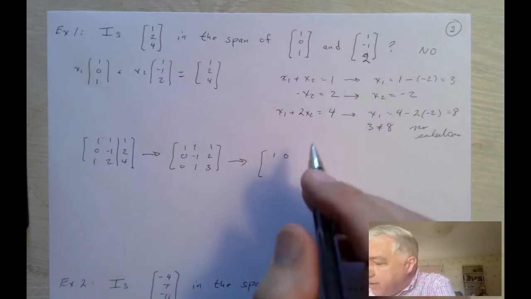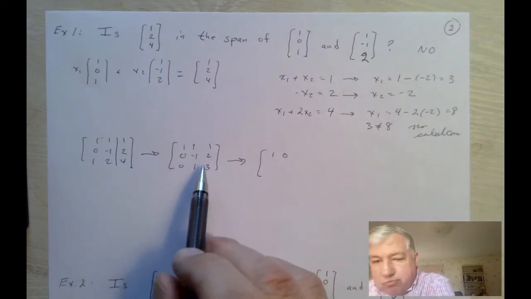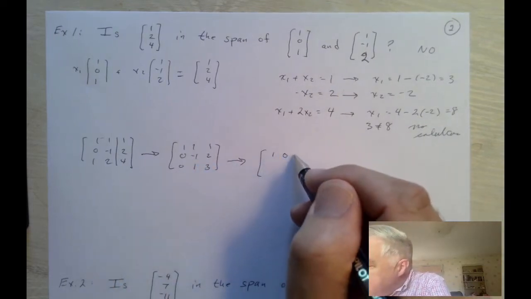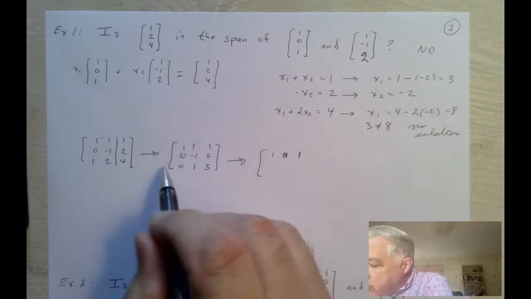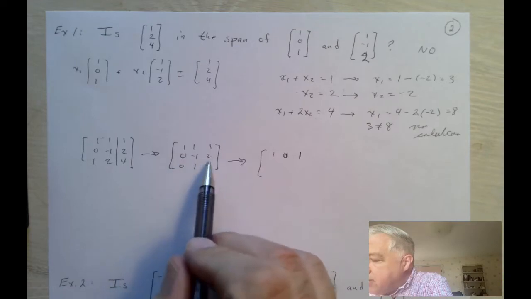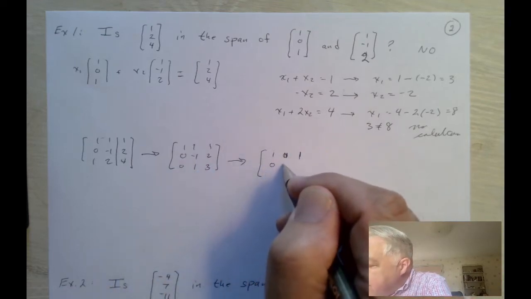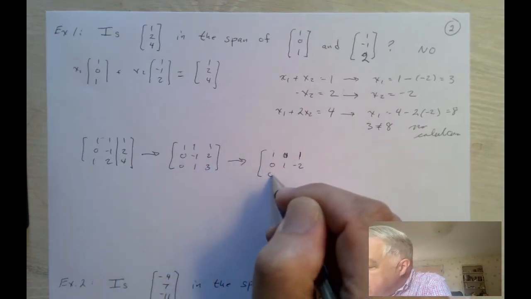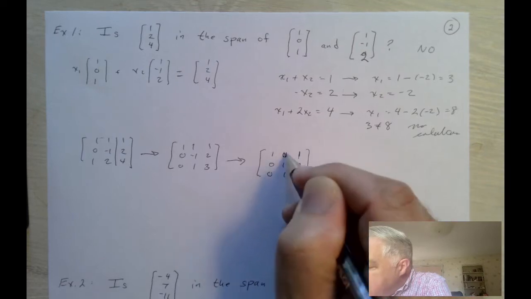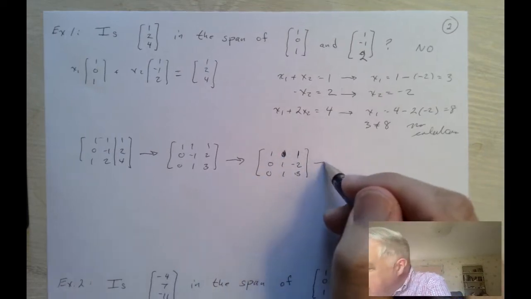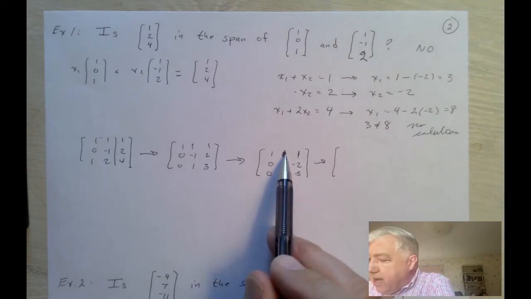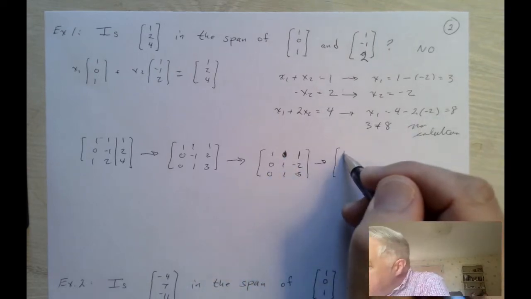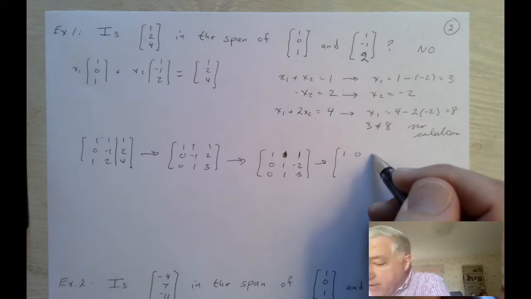Oh, I see what I did. We'll just do this step by step. So this is 1, 1, 1. We'll start out by changing the sign of everything in the second row. Now that we have a 1, we can multiply this row by negative 1 and add it to this row, and we'll get 1, 0, 3.